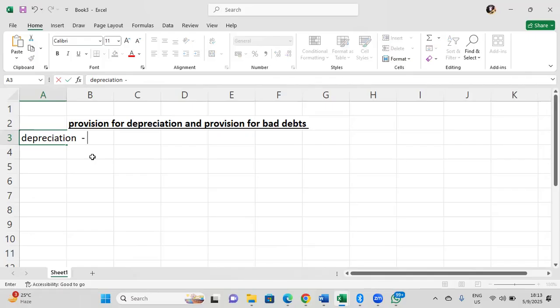So the non-current assets or the fixed assets reduce in value with time. We call that depreciation. Depreciation, we say, is the systematic allocation of the depreciable amount over the life of the asset.